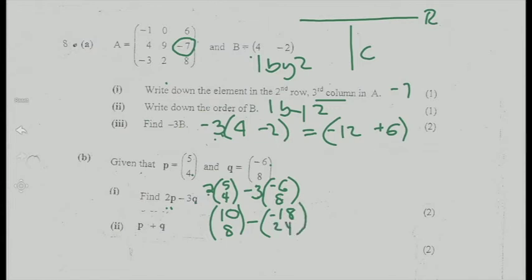We have 24 here. So it's 10 minus -18. 10 minus -18 is 10 plus 18, which gives us 28. 8 minus 24 will give us 16.